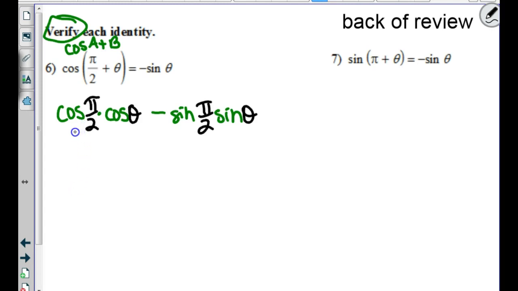Unit circle, cosine pi over 2. 0, right? Okay, and sine at pi over 2 is 1.